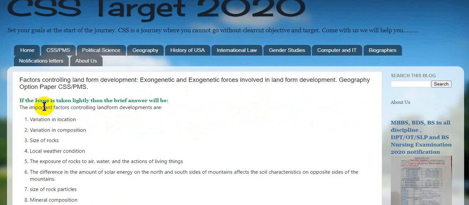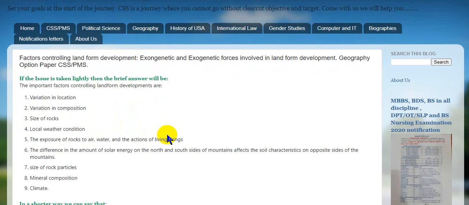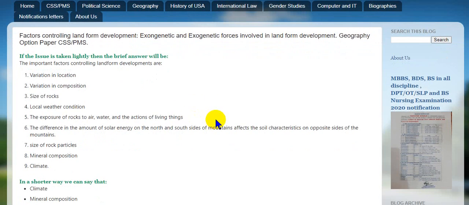If the issue is taken lightly or shortly, then the brief answer is that the important factors controlling landform development are: number 1, variation in location; number 2, variation in composition; number 3, size of rocks; local weather condition; the exposure of rocks to air, water and the actions of living things.